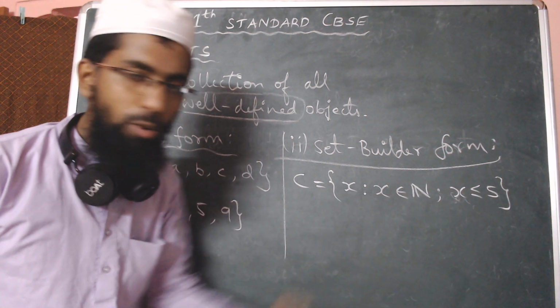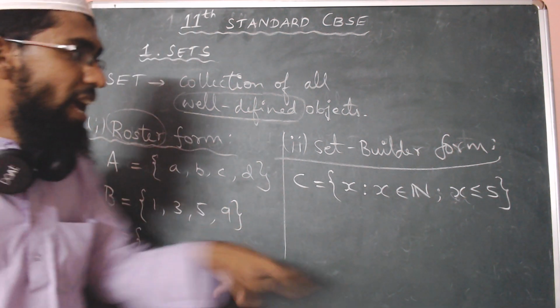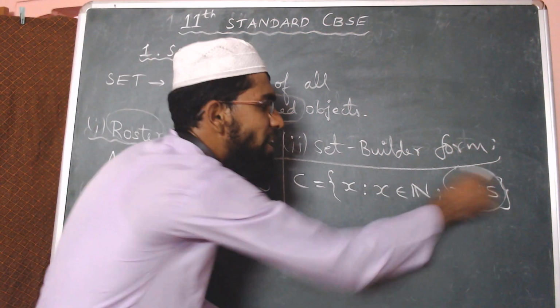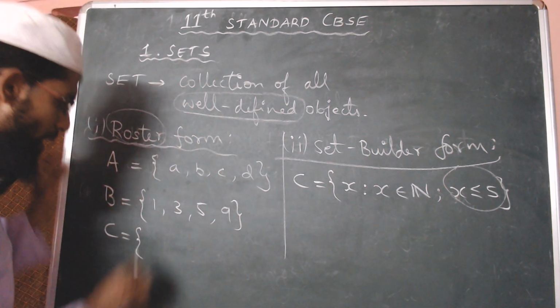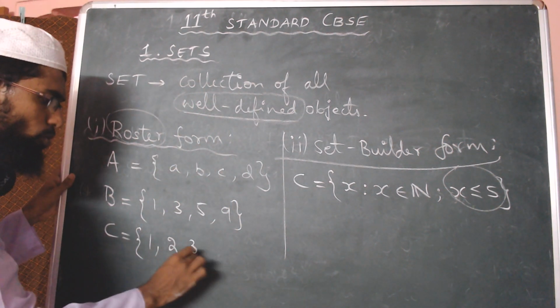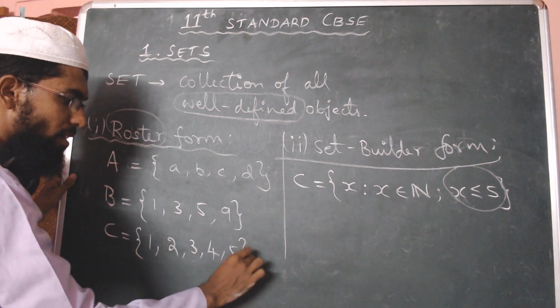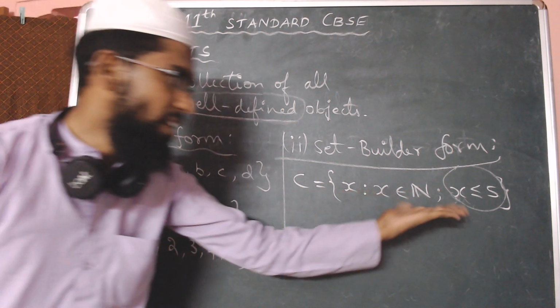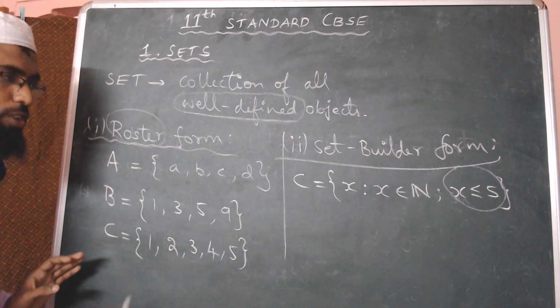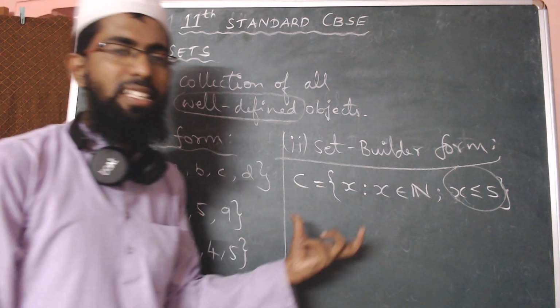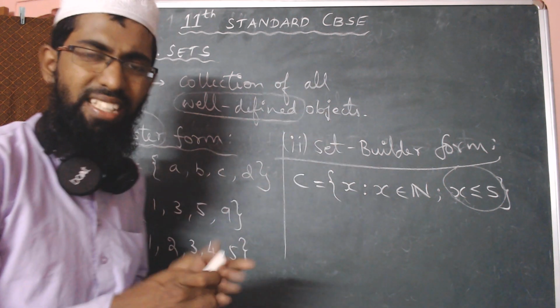Natural numbers less than or equal to 5. Natural numbers start from 1 and the condition given is less than or equal to 5. So 1, 2, 3, 4, 5. Right. So the same set I have represented in set builder form as well as in roster form. Roster form means listing of elements. Set builder form imposes some condition on the elements of the set and we write it that way.